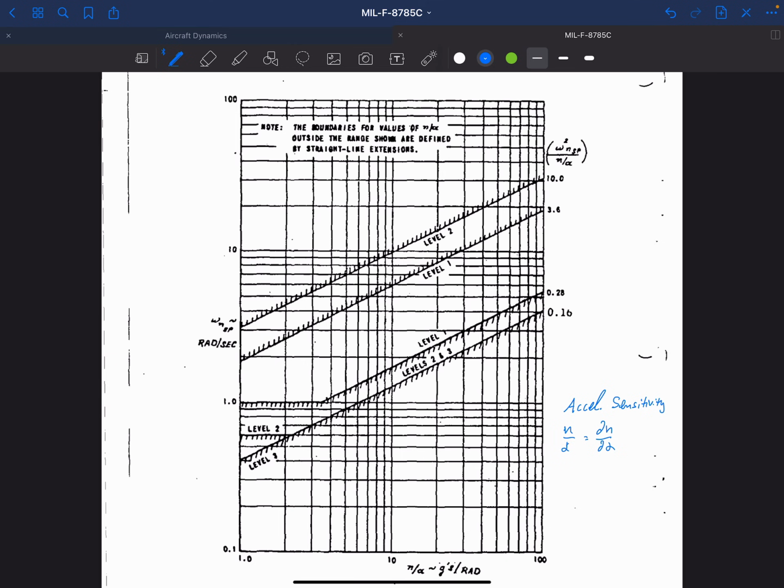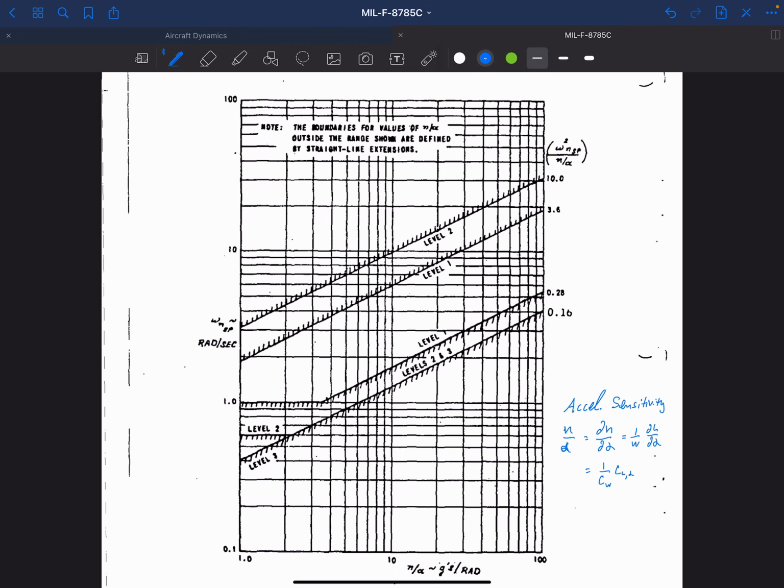So this n, excuse me, is the load factor, and so we can write that as lift divided by weight. So this is actually the same as 1 over weight times the change in lift with respect to alpha. Okay, and we can put that in coefficient form. Philip shows this in his book. This is the same as writing it as 1 over CW times CL alpha.